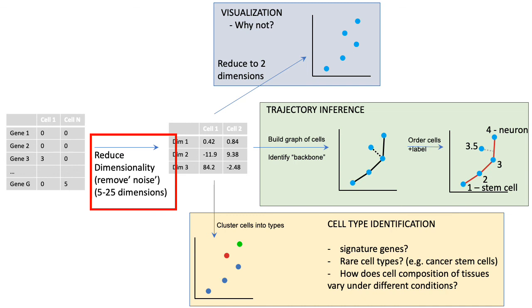Dimensionality reduction, in short, refers to techniques like principal components analysis that we talked about previously. The main goal of dimensionality reduction, in my mind, is to remove a lot of the noise in your data. Again, we mentioned briefly that there are a lot of sources of variation in expression in single-cell RNA-seq datasets.